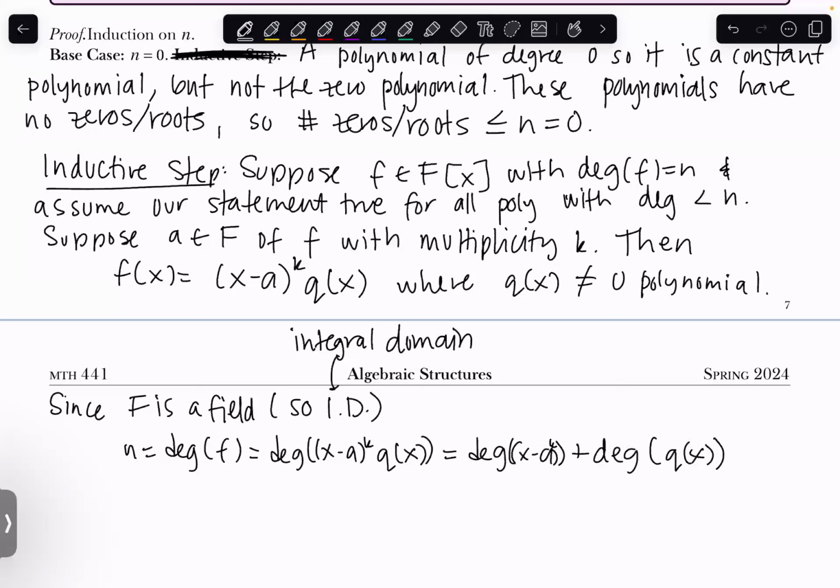And so now I just need to think, what is the degree of this linear polynomial multiplied by itself k times? It's exactly k, right? The biggest term I'll have showing up is x to the k with leading coefficient 1. So here I'll get k plus the degree of q of x.